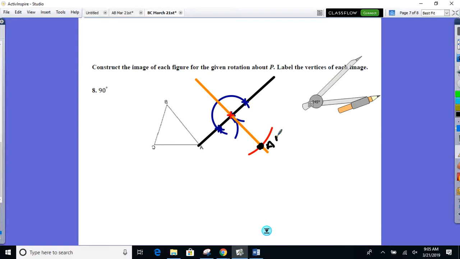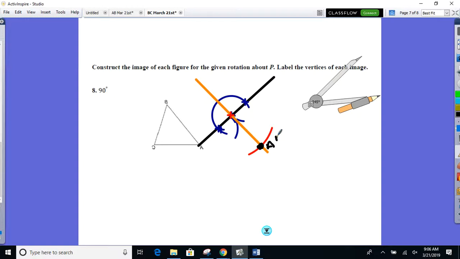Where would you copy A prime if I asked for 270 now? Because I got 90, 180, 270. So A prime would be somewhere up here now if I wanted 270. All right. Well, that's what Dan was talking about. We could do it from copy this and do the bisector. Same thing.